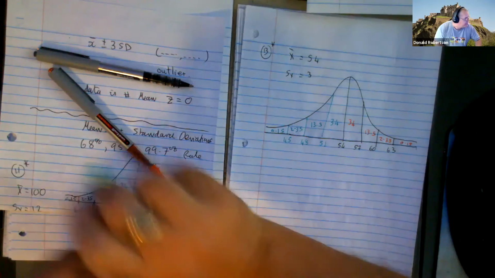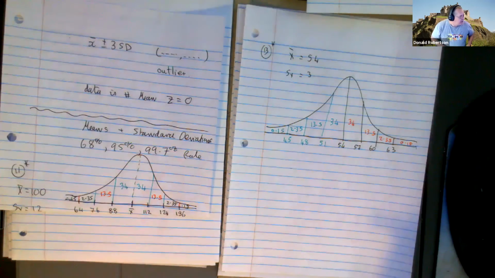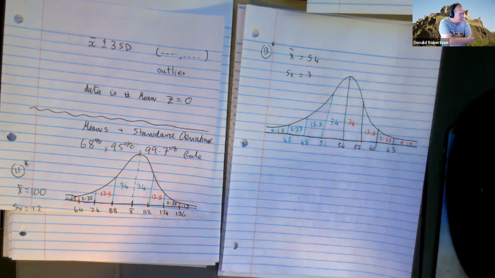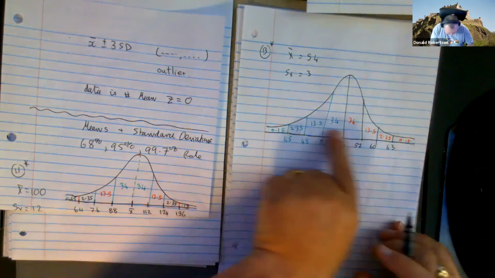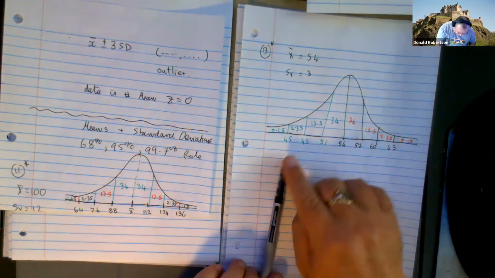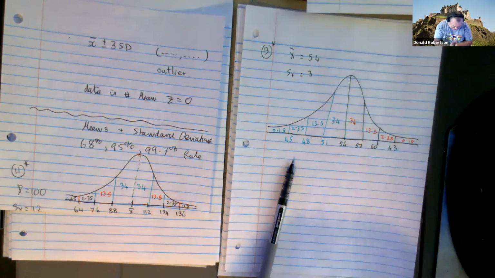And then in question 13, they ask you, what is the circumference such that only 2.5% of adult males have a smaller head circumference? So if you look at this piece of the pie, which one of these numbers would be the right one to choose so only 2.5% of the people had this or smaller?